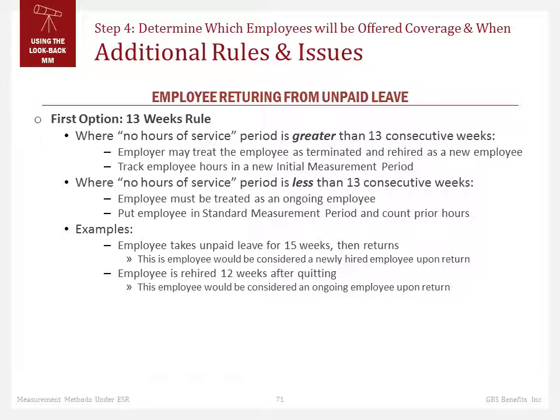When you get to a part where it asks you to select either the 13 weeks rule or the rule of parity, you may say, well, I don't know what to pick. Well, I can't pick for you, but I can tell you that the 13 weeks rule is a little bit more advantageous for employees, and the rule of parity is a little bit more advantageous to employers.